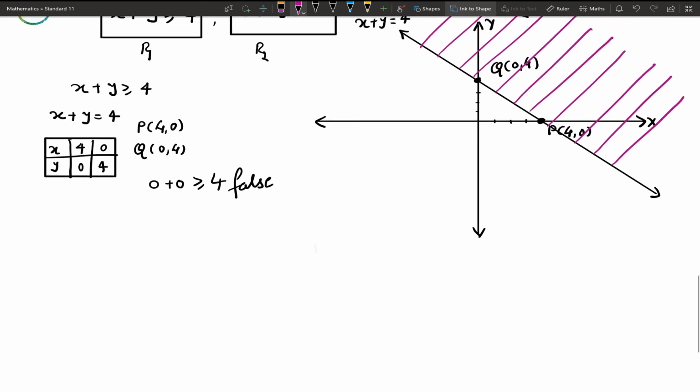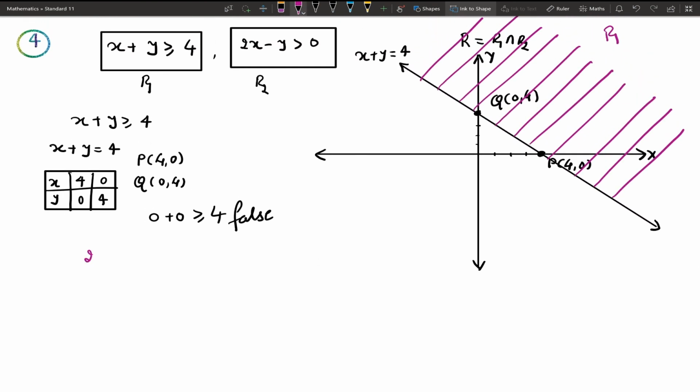Now 2x minus y greater than or equal to 0. You remove the inequality and take equality, so 2x minus y equal to 0. As usual we know, since there is no constant term in the equation, the line passes through the origin, because the origin always satisfies it.